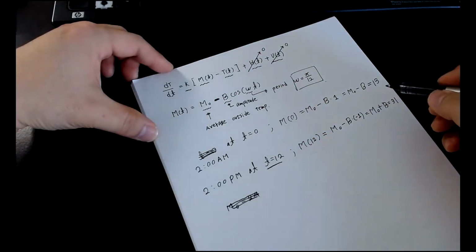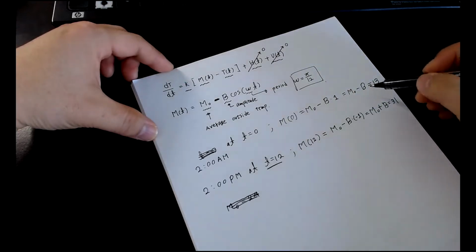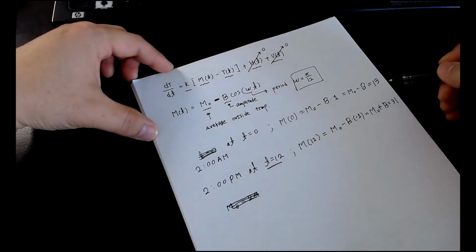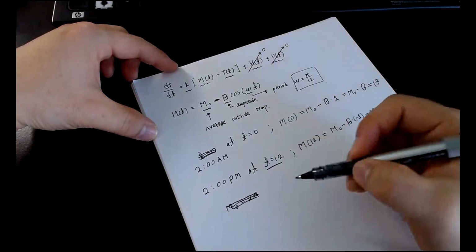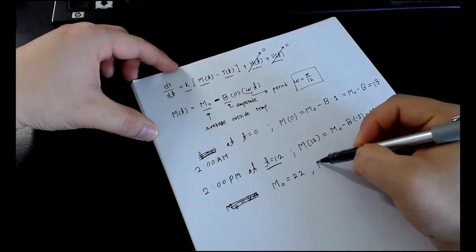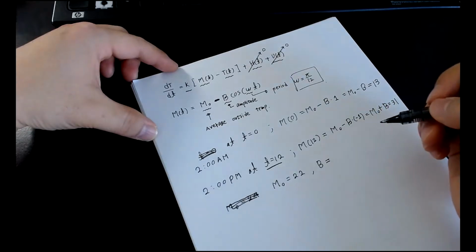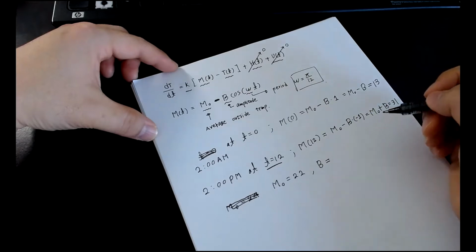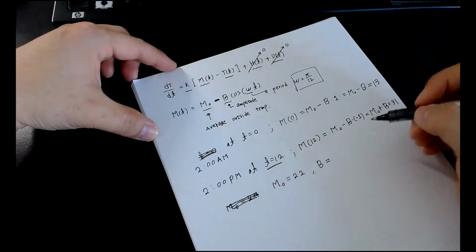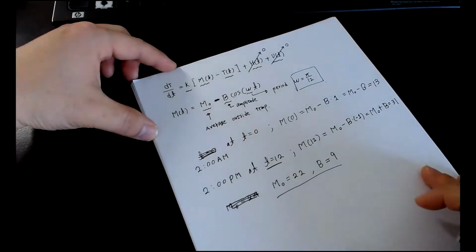M0 must be 22, right? Yeah, 22. So M0 must be 22. Then B must be 9, right? So we figured out M0 and B.